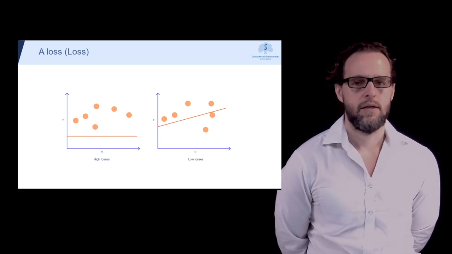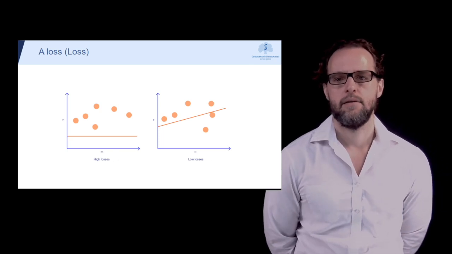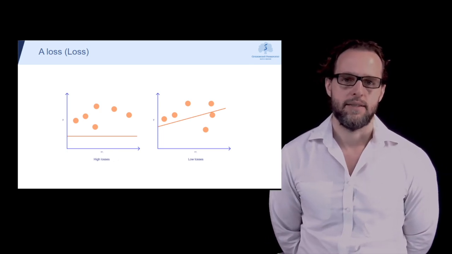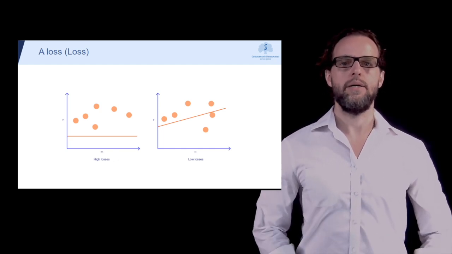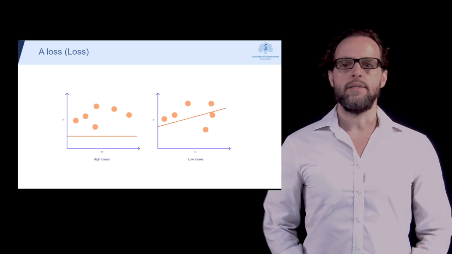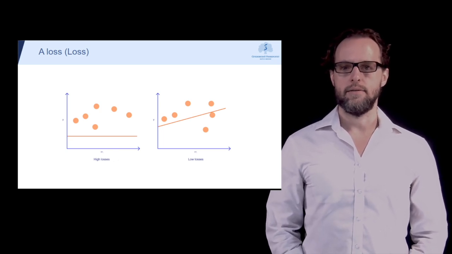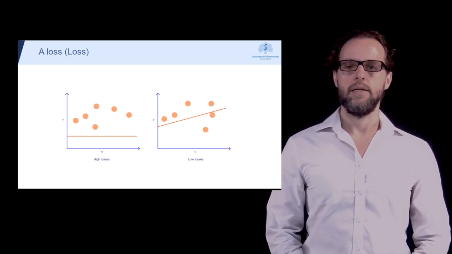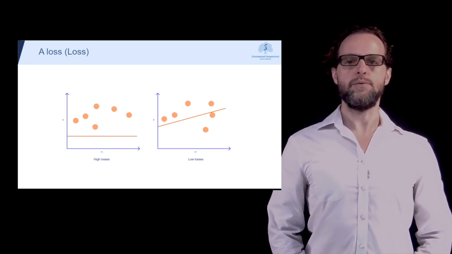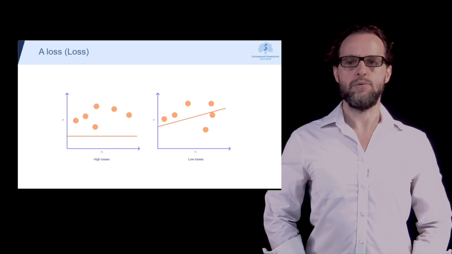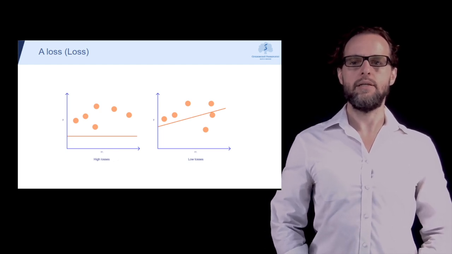Loss functions are mathematical functions that process all the individual losses to determine how well the model performs. In development terms, it's a piece of software code that's used to optimize a machine learning algorithm.